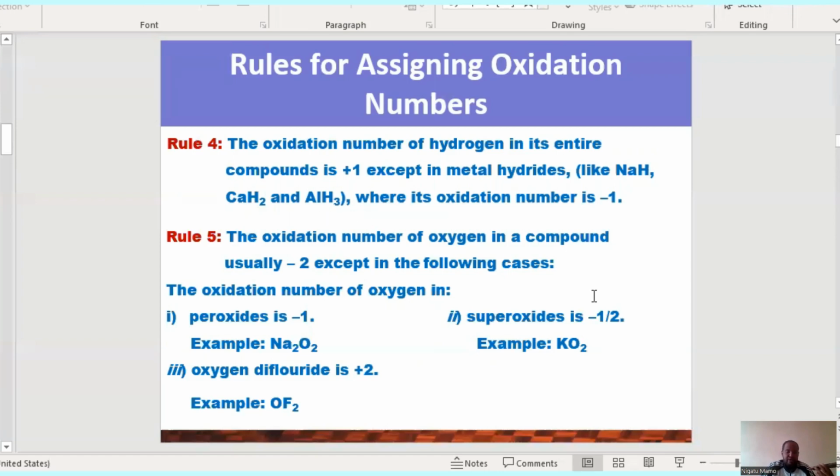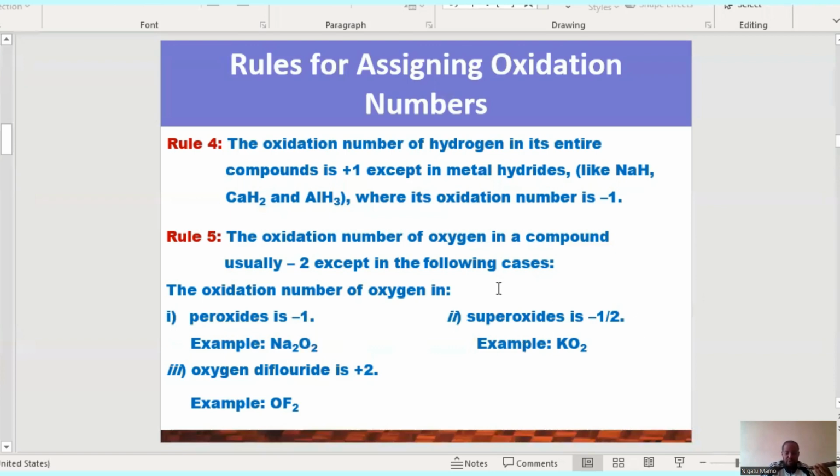It can be negative 1 when it is combined with what? Metals. Number 5: the oxidation number of oxygen in most compounds is negative 2, except in the following cases. In peroxides, for example sodium peroxide, potassium peroxide, calcium peroxide, and hydrogen peroxide, it is negative 1.